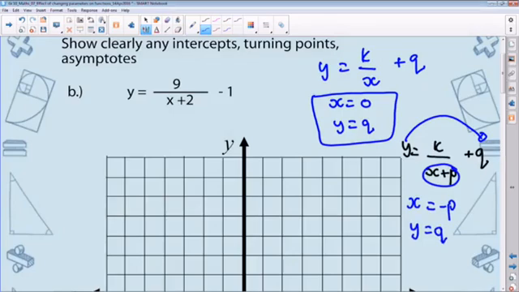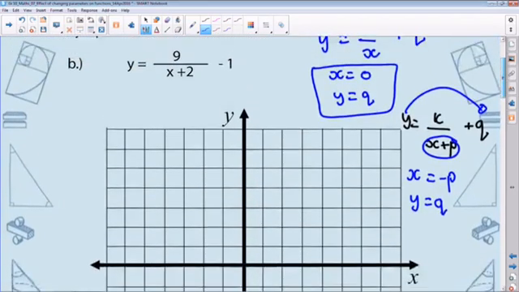So now, quickly, we still continue like last year. Your graph is y equals 9 over x plus 2, minus 1. We go straight to the lines that the graph is not going to touch. So it's this one, x plus 2 equals 0, then x is minus 2.